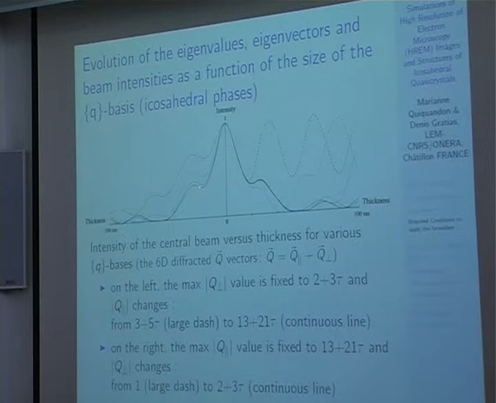The intermediate value corresponds to finer dashes. On the right, you have the evolution of the central beam intensity as a function of the thickness, but with the maximum fixed value of Q parallel equal to 13 plus 21 tau, and the Q perp changes from 1, this large dashed line, to 2 plus 3 tau.